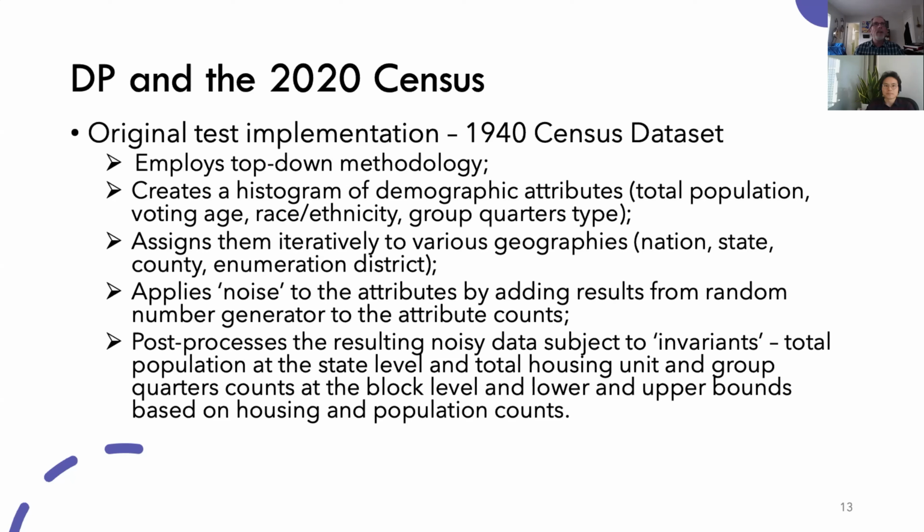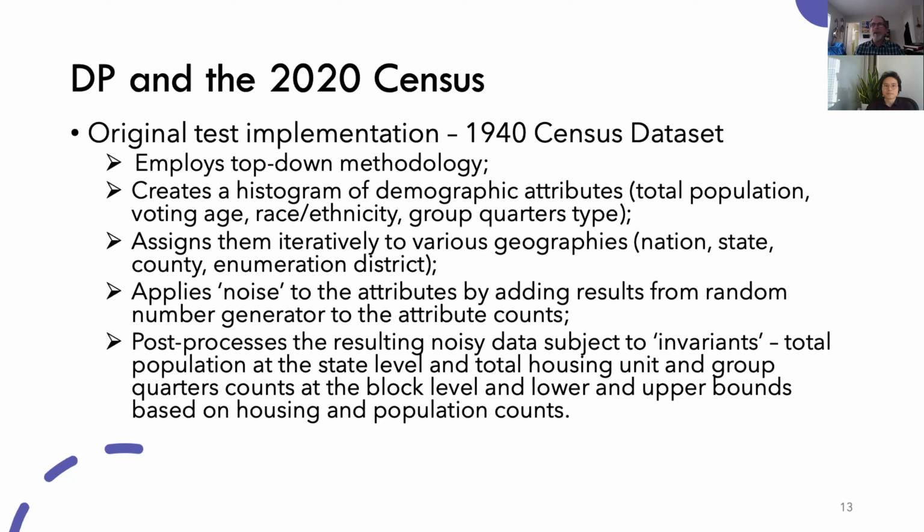Their methodology employs what's called a top-down methodology, where they start at the nation and they go down for each particular geography. In this case, from the 1940 data set, because they're somewhat limited in the geographies, they use nation, state, county, and enumeration district.